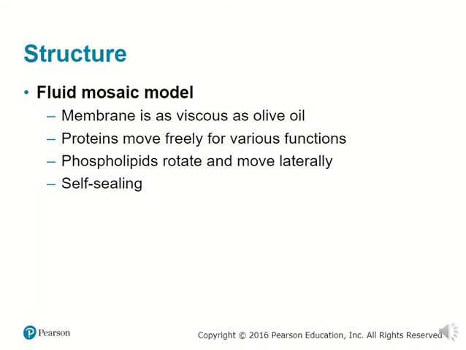The proteins embedded inside the plasma membrane are able to move freely for various functions that are needed, as the phospholipids can rotate and move laterally, sort of like ball bearings, allowing the proteins in the cell membrane to glide through. But because half of each phospholipid is drawn to water and half is repelled by water, they form self-sealing layers that help prevent the cytoplasm from leaking out.